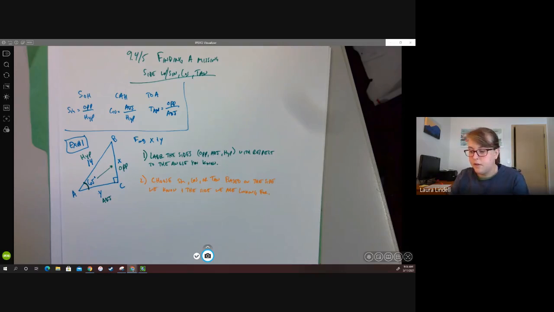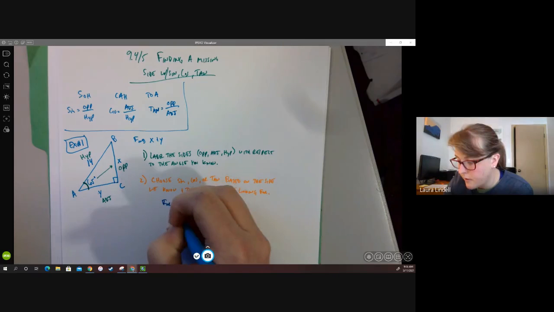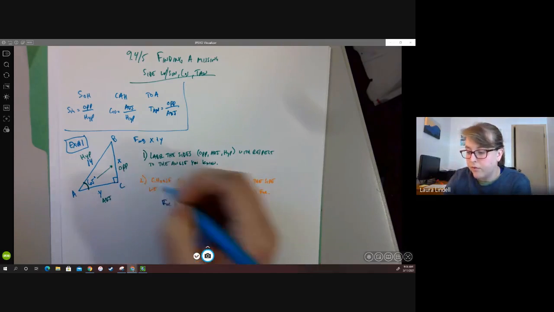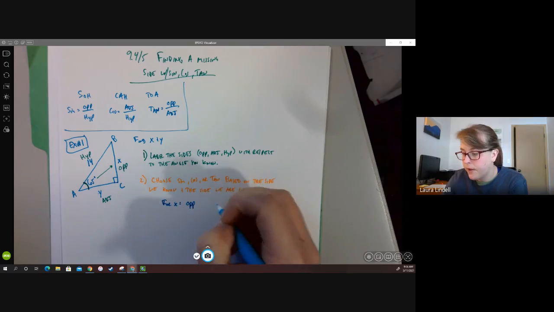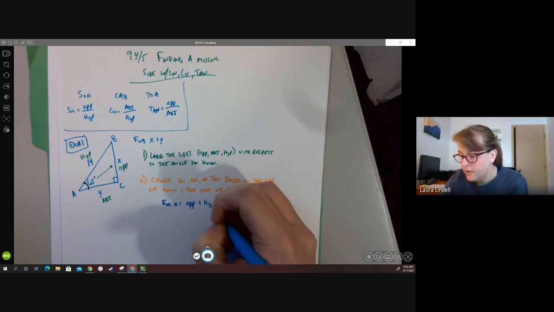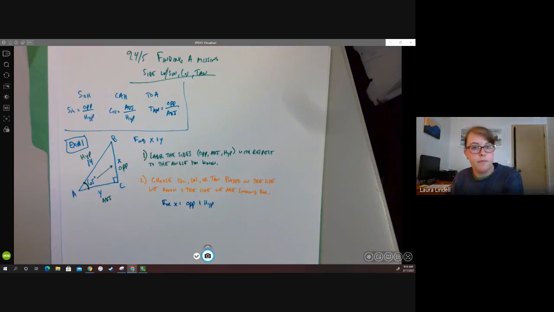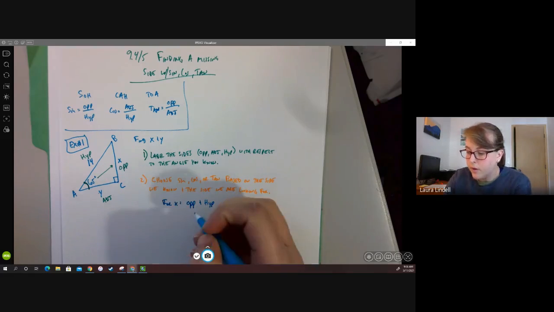If we're looking for X, opposite is the side that we're looking for, and hypotenuse is the side that we know. So opposite is the side we're looking for, hypotenuse is the side that we know, and based off of that, I'm going to use sine.